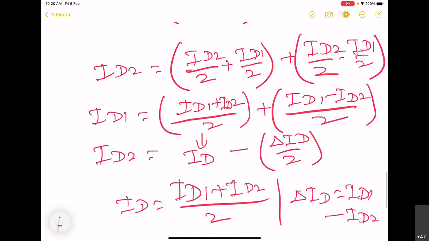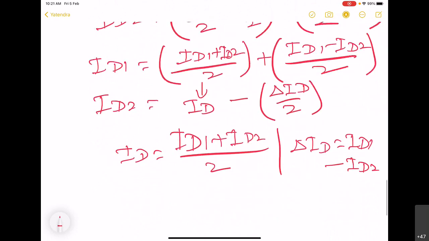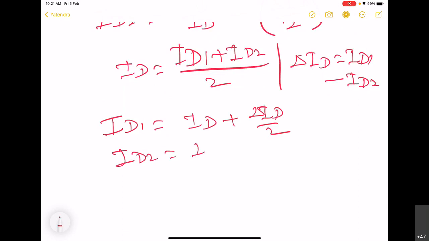So here we can see that ID1 is ID plus delta ID by 2, and ID2 is ID minus delta ID by 2.